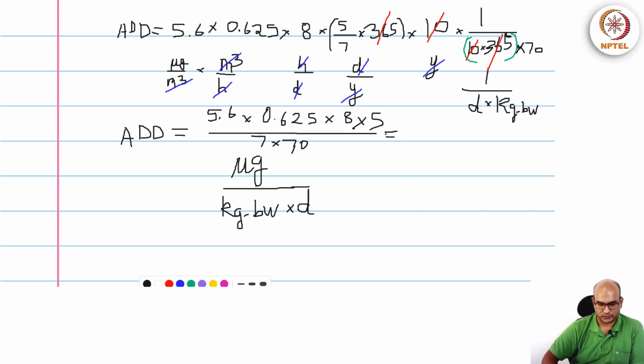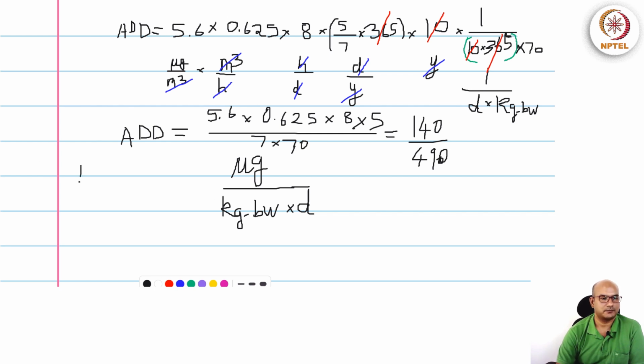So this is equal to 5.6, 0.625 multiplied by 8 multiplied by 5, 140, divided by 490.